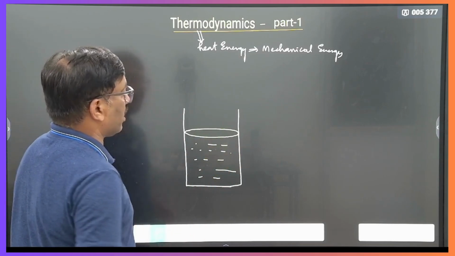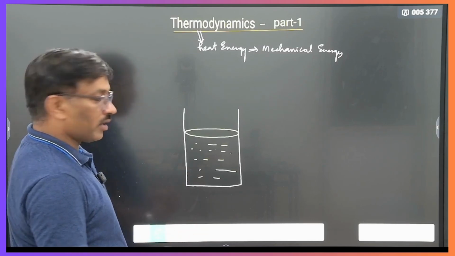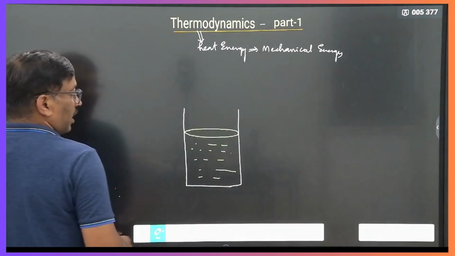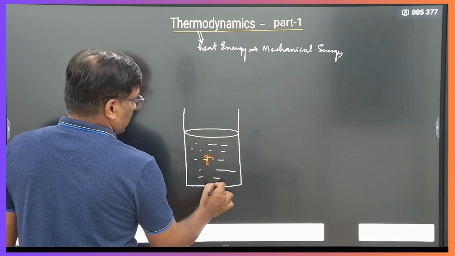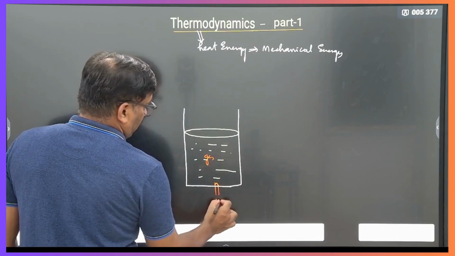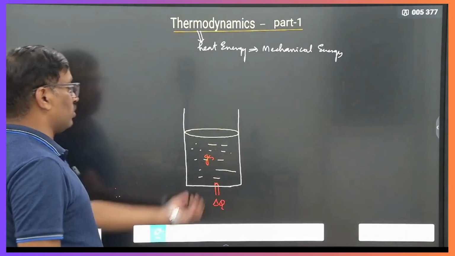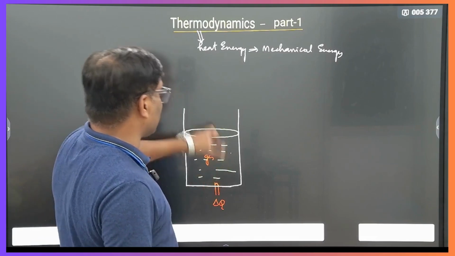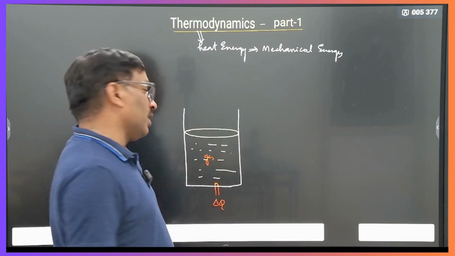This is converting our heat energy to mechanical energy. How will it convert? Let us see. This is a gas, and we are giving a certain amount of heat energy to the system. The system takes the heat energy, so the gas gets heated up and its temperature increases.